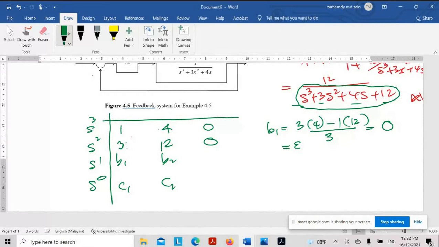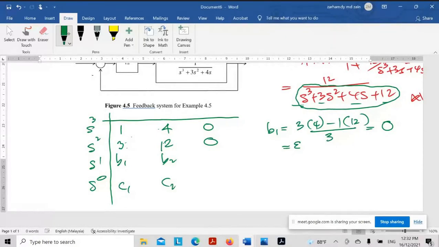The original value of B1 is 0, but because we are looking for the value of C1, we assume B1 is epsilon. It can be epsilon, sigma, any symbol you like.